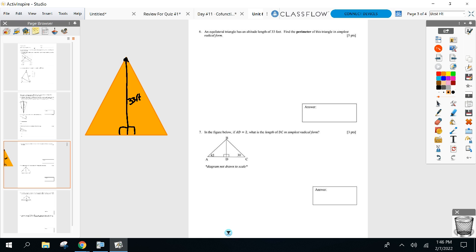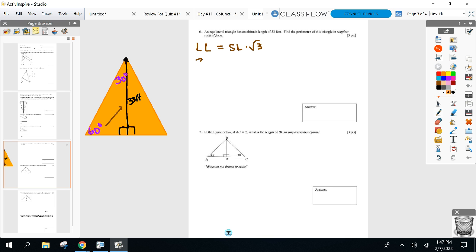Because this is equilateral, all angles are congruent, which means I can confidently put that that angle is 60, which makes this now into a 30, 60, 90 triangle on the left. The 33 is across from the 60, which makes it the longer leg. My rule is the longer leg is equal to the shorter leg times radical 3.